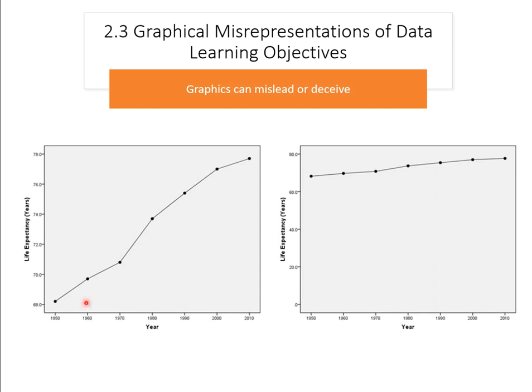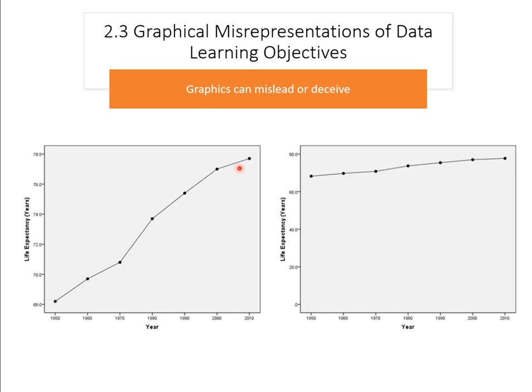The graph on the left is implying that there is a massive increase in life expectancy from 1950 to 2010. If we look at this graph with this really sharp rise in life expectancy, we might think, wow, that's really pretty cool. We're doing really, really good for life expectancy, and it's just going to keep on going at this wonderful rate.